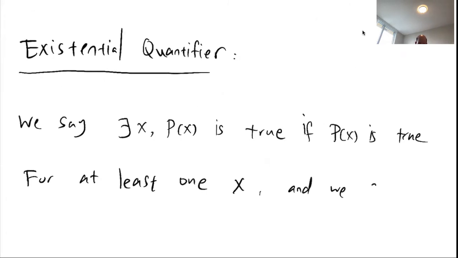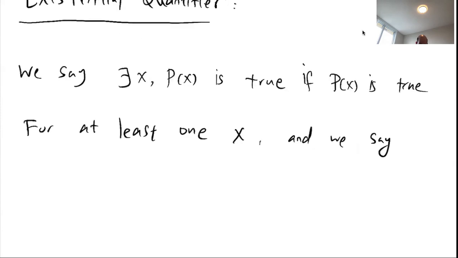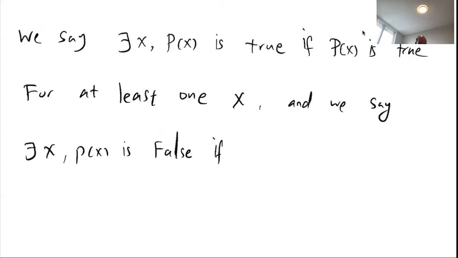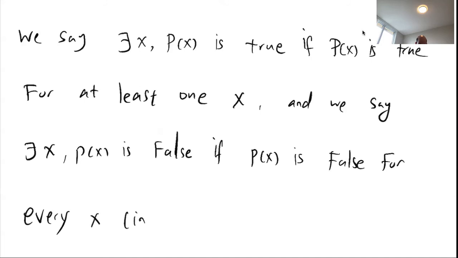We say there exists x, p of x is false if p of x is false for every x in the context.